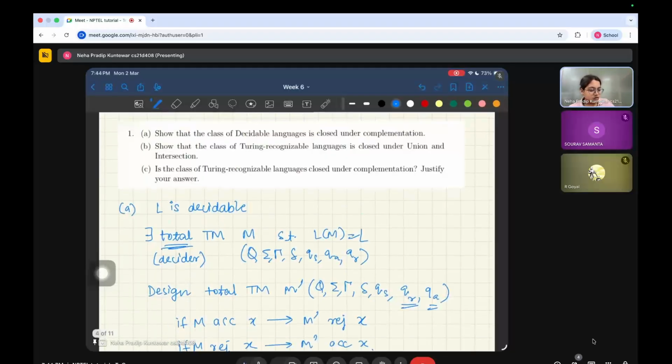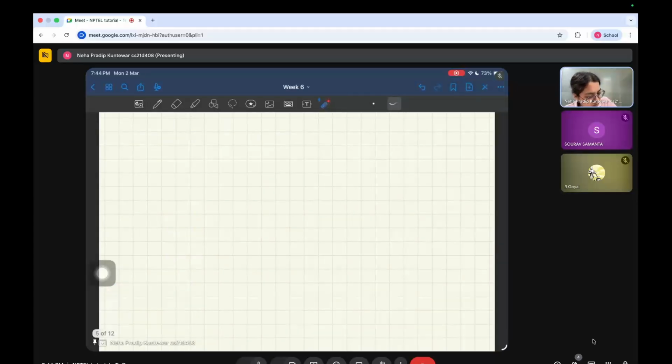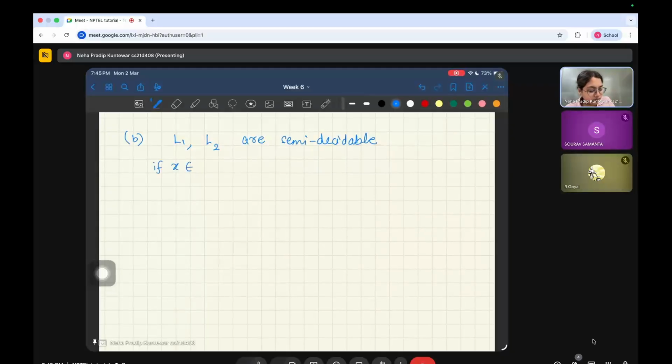Okay, good. For the other thing, we are asking, so let's say L1 and L2 are semi decidable languages, via M1 and M2 respectively.